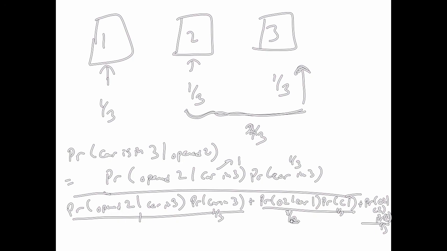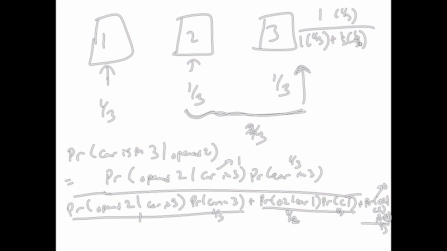What about the probability that he opens 2 given the car is in 2? Well, that's 0. He never opens the door the car is behind. Therefore, this is 0. So, you can go through and multiply it all out, and you get 1 times a third on top, divided by 1 times a third on the bottom, since he always opens door number 2 when the car is behind 3 and you picked 1, plus 1/2 times a third.